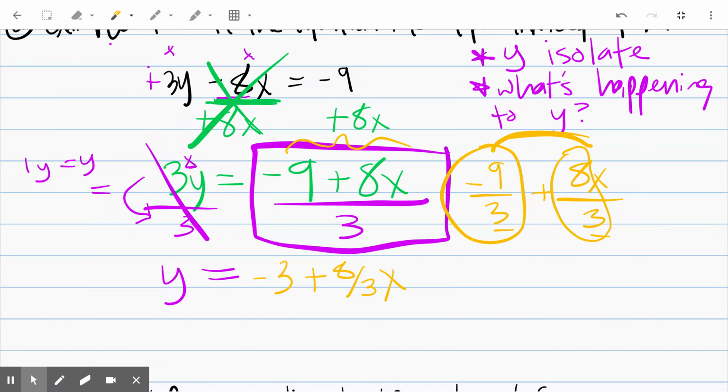Ooh, look at that! We are basically in slope-intercept form. The only difference between this equation and slope-intercept form is switching the order over here.